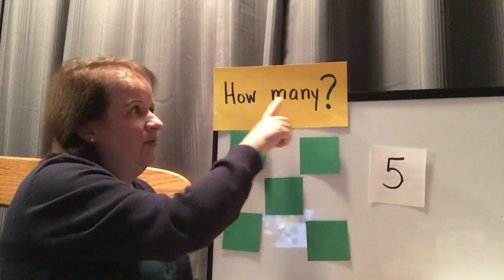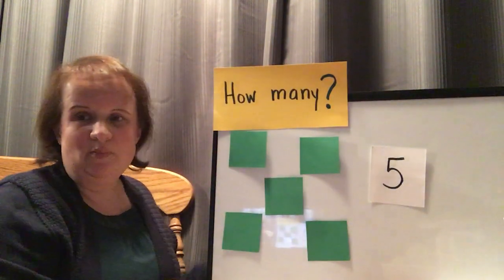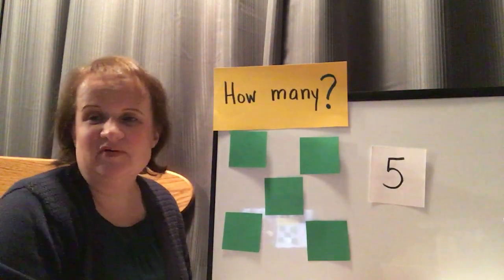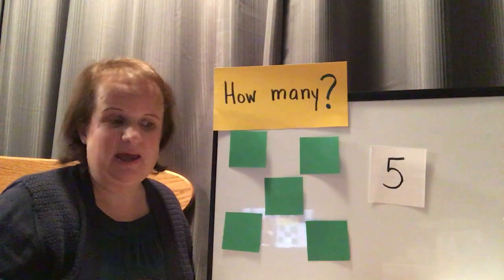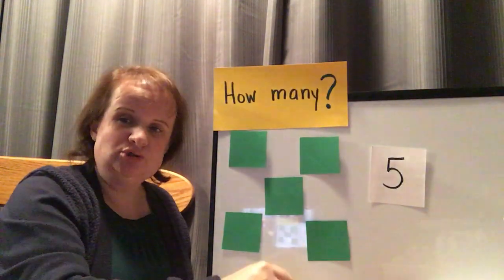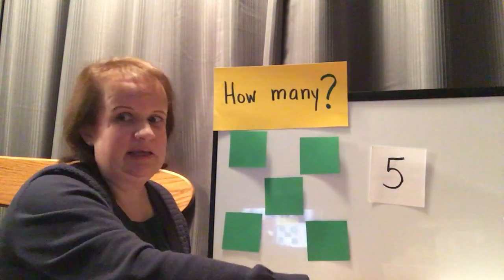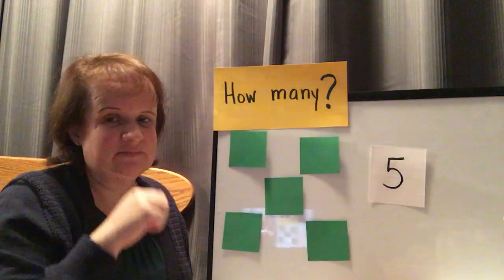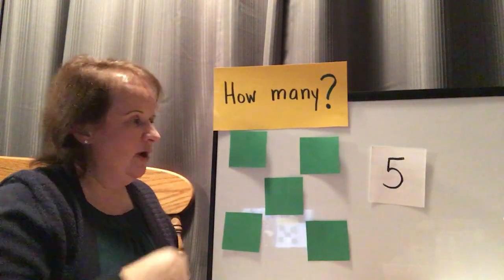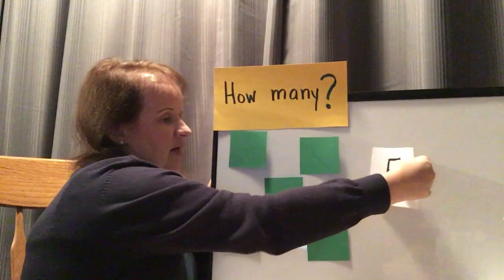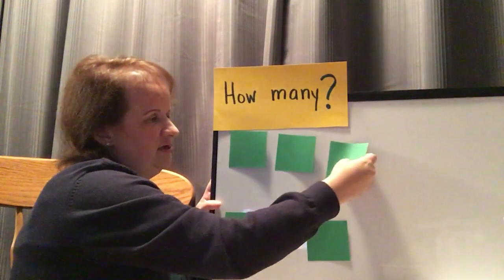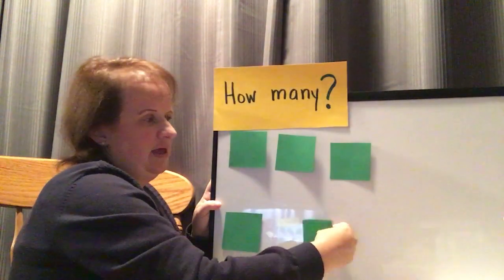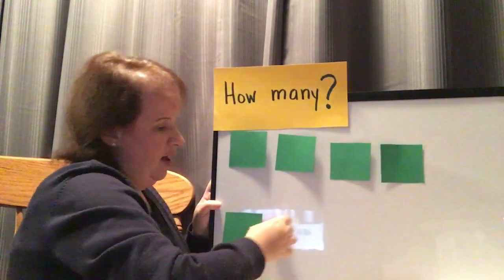That's how many. Now, boys and girls, I have an important homework assignment to go with this activity today. Your job at your house is to get out your bag of color tiles, and you want to practice lining them up, going across, just like we did at the beginning of this video.